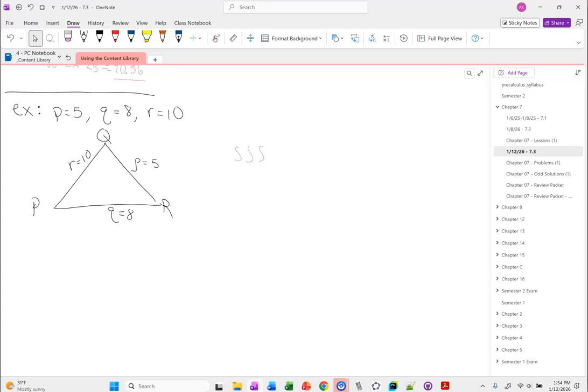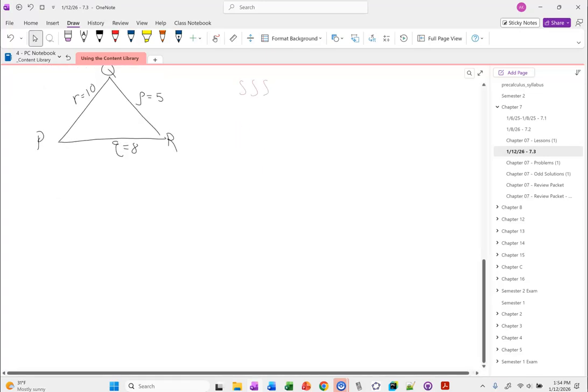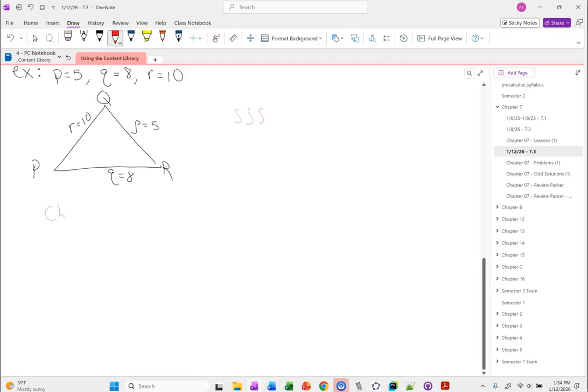All right. So first thing we need to do is check if it's possible. Now the check is way easier than the number of triangles check for side-side-angle. Okay?